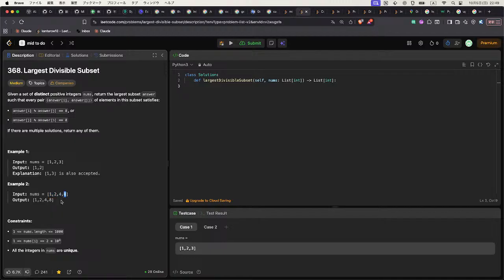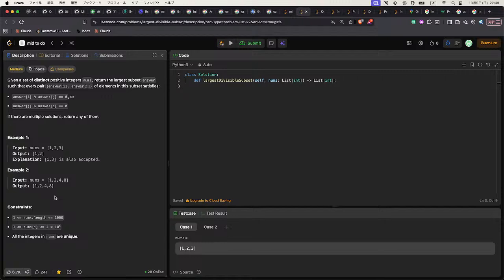The remaining part would be 1, 2, and 4, and then we pick 4 and check the 1, 2. So this is a naive approach.